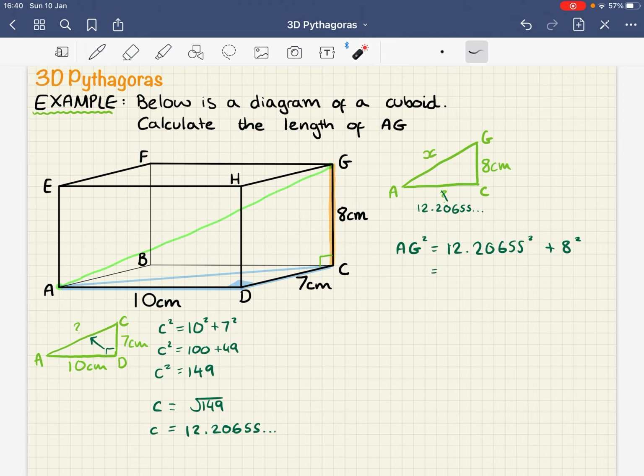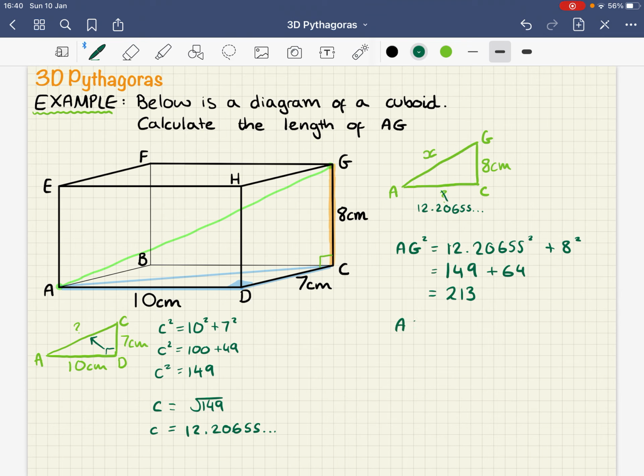The important thing to keep in mind is that we found this part from square rooting 149, so it is just going to be 149. I don't even need a calculator for that; I just know it from the previous part of the question. And then the 8 squared is going to be 64. So then that's going to give me 213.